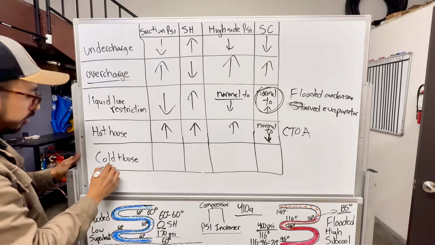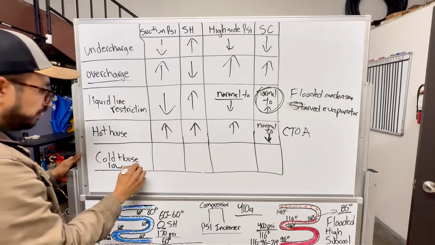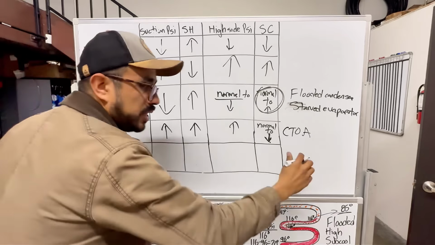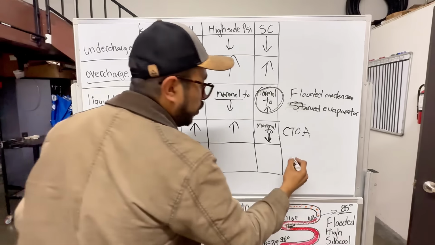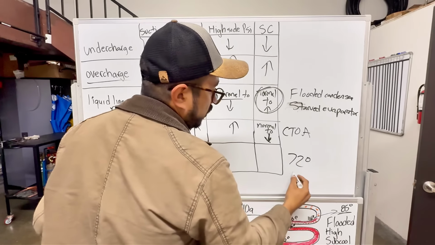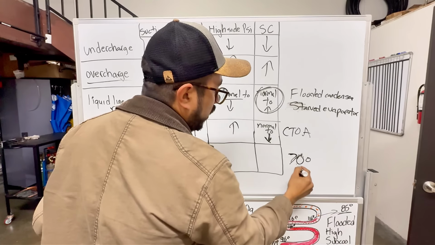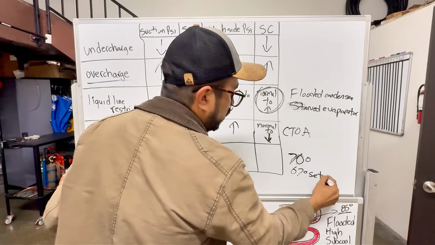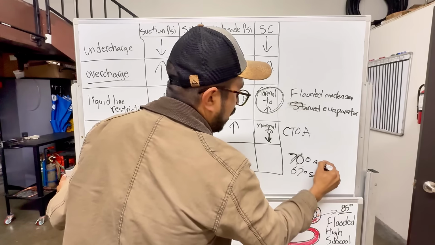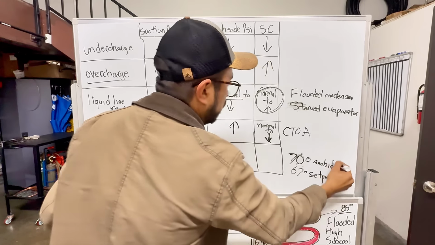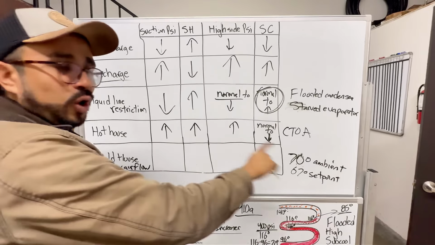So cold house, or you could put low airflow. So what do you think is going to happen here? You turn on the system when it's 72 degrees and you actually want it at 67, right? This is set point. And this is ambient, right? Inside your house, everything's going to be colder.